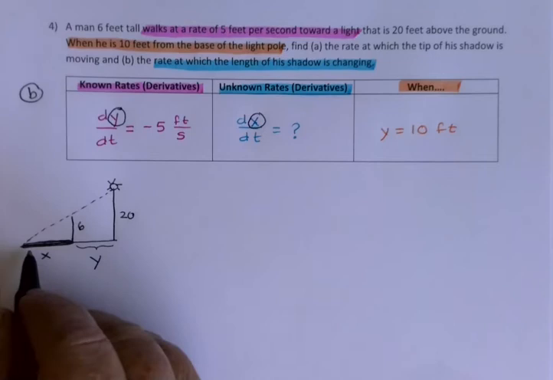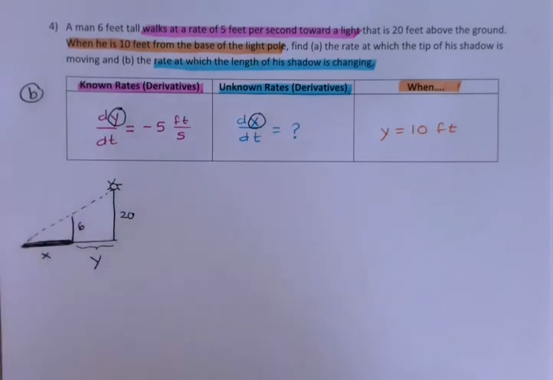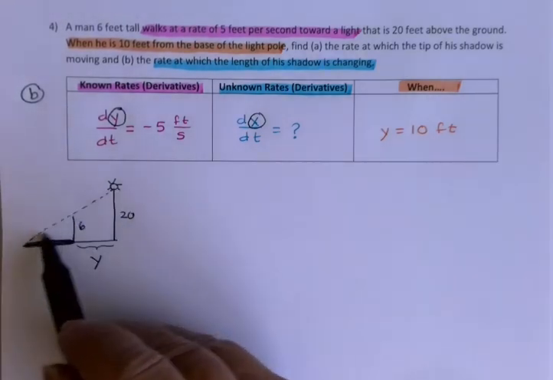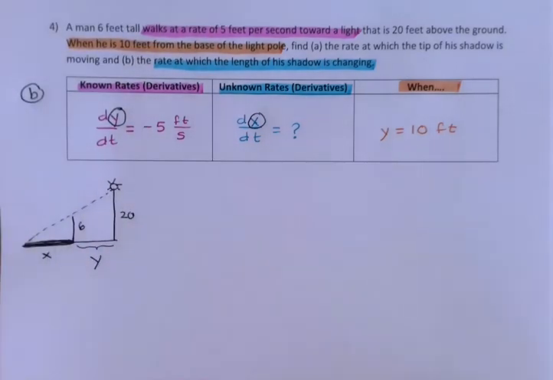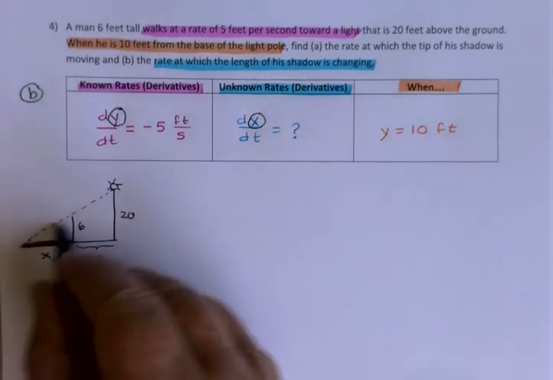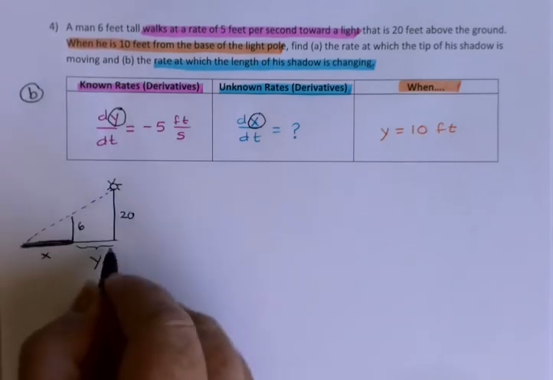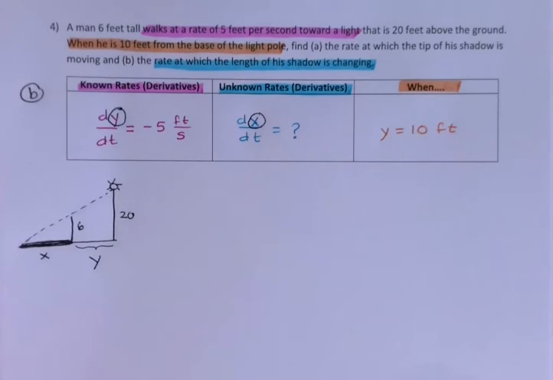If you're looking at this and thinking, oh, I'm seeing right triangles, so Pythagorean theorem, it is a right triangle, but notice that we don't know anything about the hypotenuse, and we're also not asked any questions about the hypotenuse. So if possible, I'd like to avoid including the hypotenuse in my process. If I just go with similar triangles, I can do that.